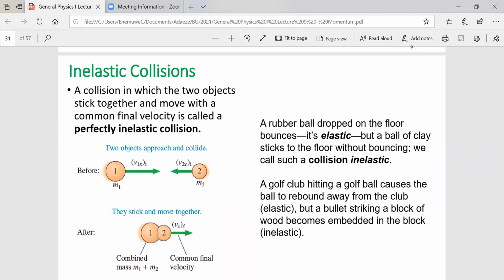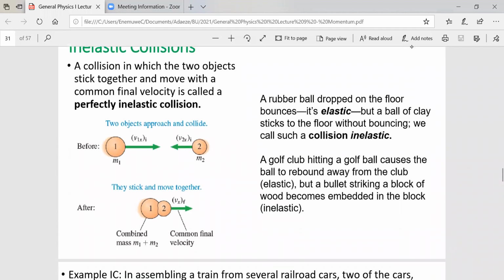Now we'll have perfectly inelastic collision where they will exactly move with common final velocity. So when they stick together and they have common final velocity, we describe such collision as inelastic.